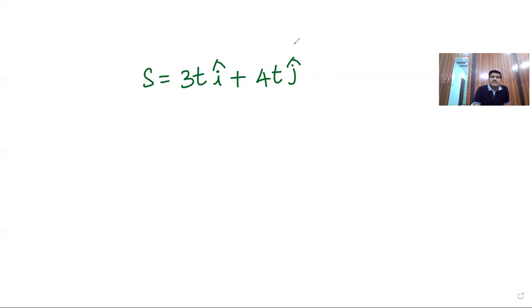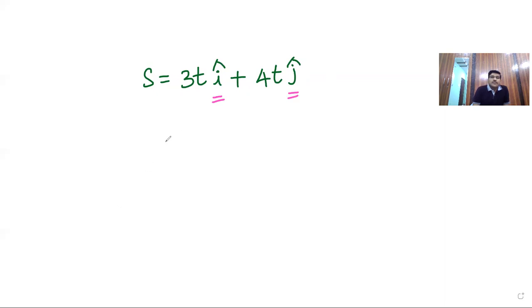Displacement is expressed in the vectorial form, where i cap and j cap are unit vectors along x direction and y direction. Clear?